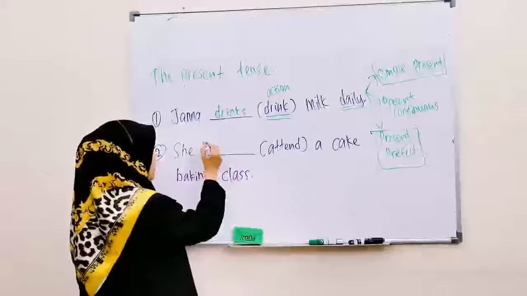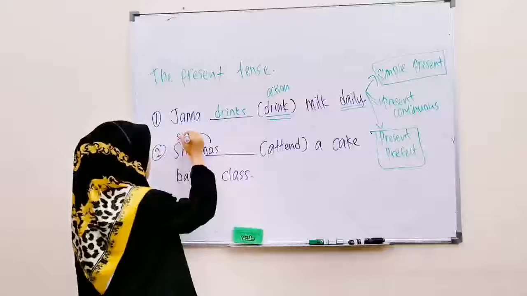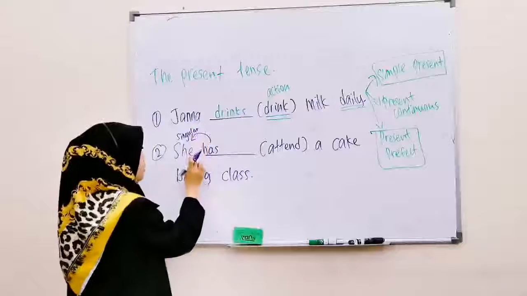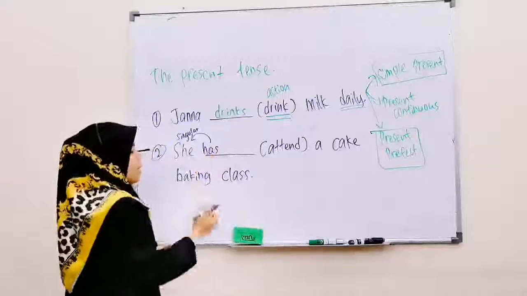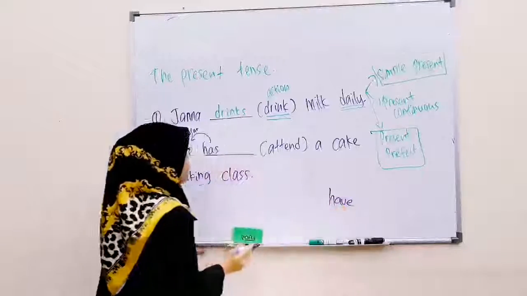So it becomes has. Why do we use has? This is because the subject is singular. When the subject is singular, you need to use has. If the subject is plural, then you use have.